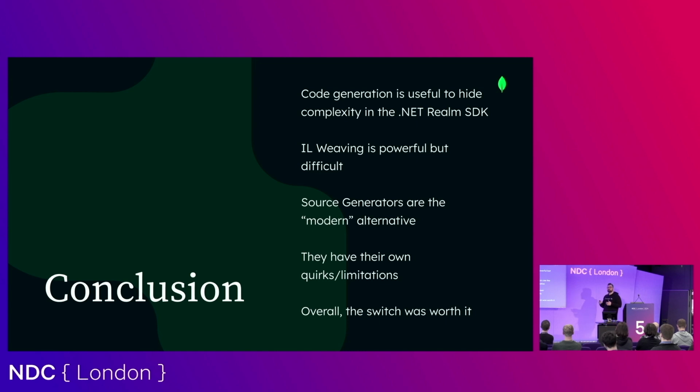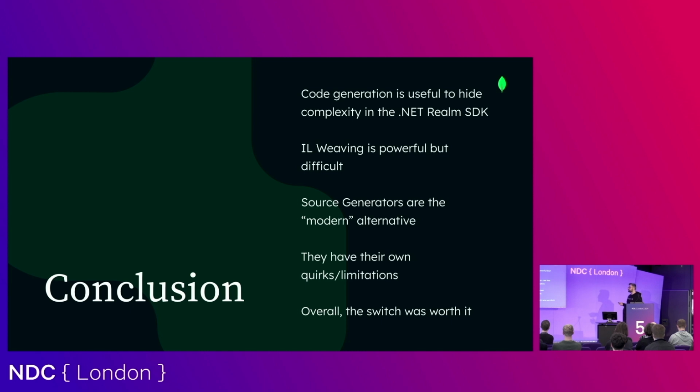In the beginning, we were using IL weaving, which is extremely powerful because it allows you to modify the code in any way, but it's also very difficult to use and gives, I would say, a bad experience both to us and the developers, but mostly to us, who had to write the weaving. This is the reason why we decided to move to source generators, which are a more modern alternative and are also what the whole ecosystem is pushing forward. Both of these approaches have their own pros and cons, their own quirks and limitations, but overall we think that the switch was worth it.